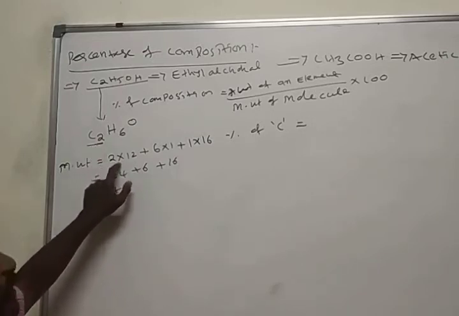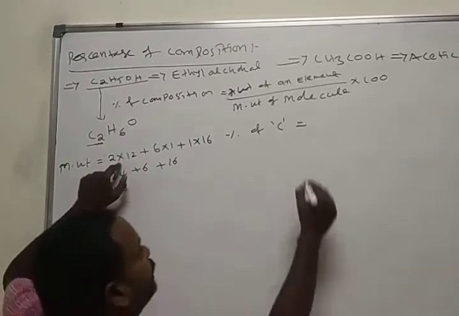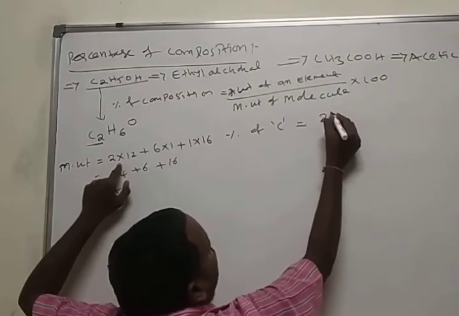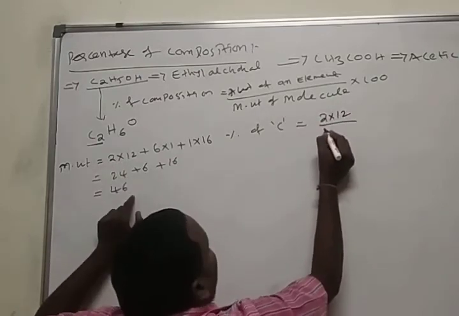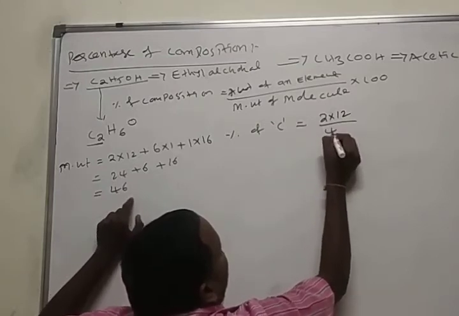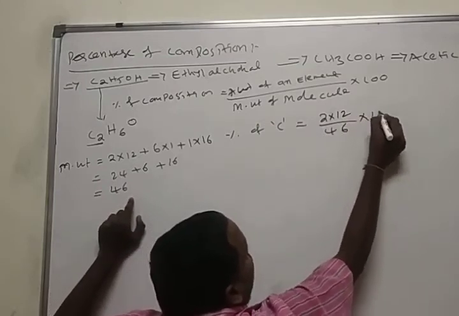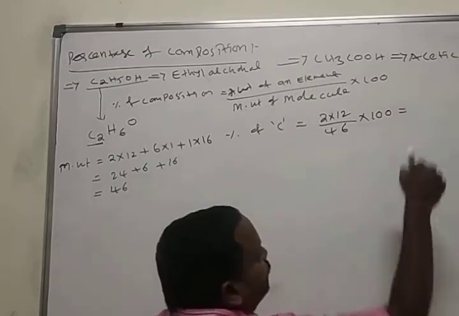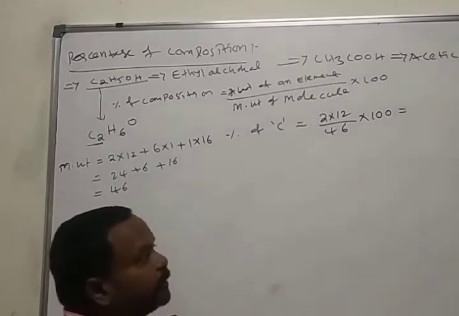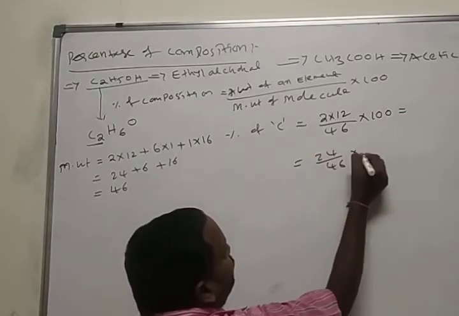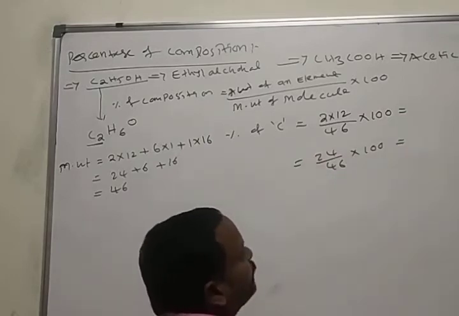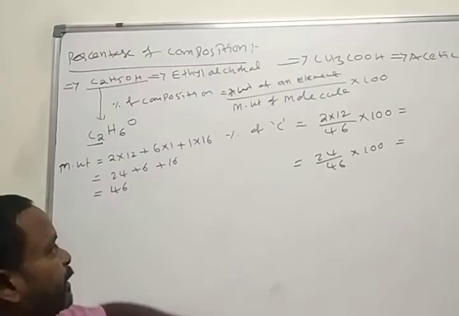How many carbon atoms are there? 2 carbon atoms, 2 into 12, divided by the molecular weight of the molecule, ethanol, 46, into 100. You will get some percentage. 2 into 12 means 24 by 46 into 100. I will give values.